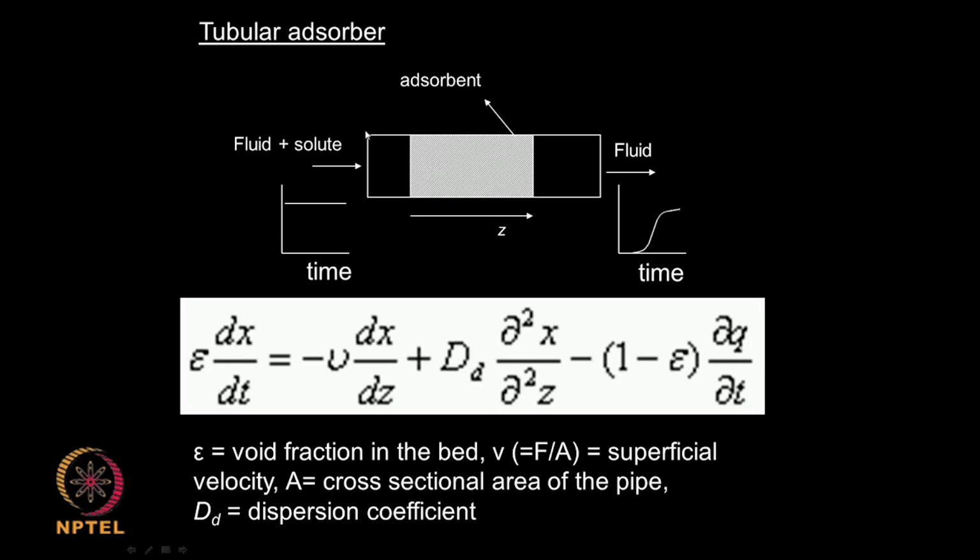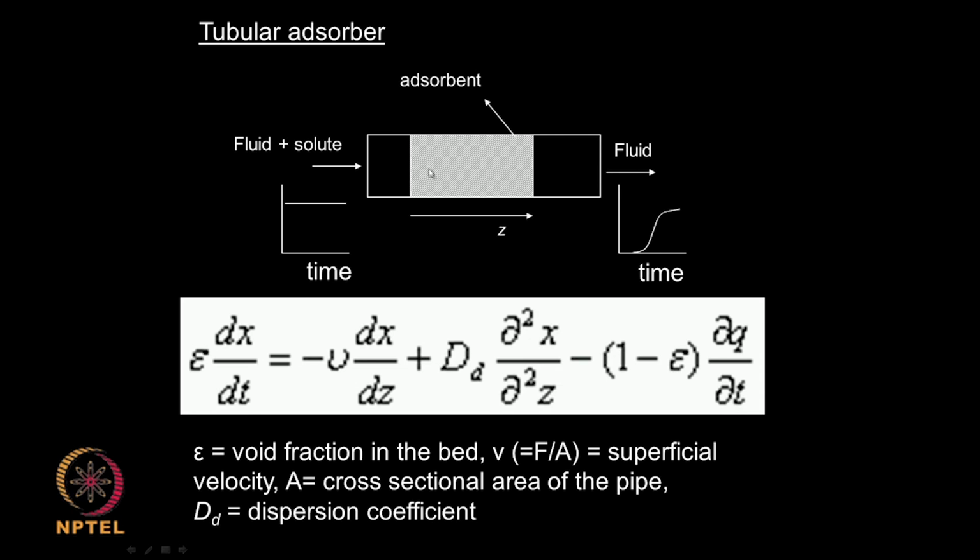You can also have a tubular adsorption, that means the adsorbent is packed in a tube and the fluid containing the solute or the adsorbate is charged inside as a function of time. Here it gets adsorbed and the product liquid comes out here.